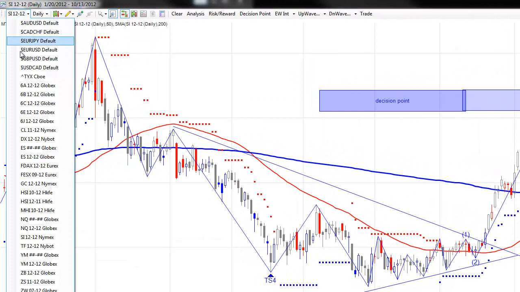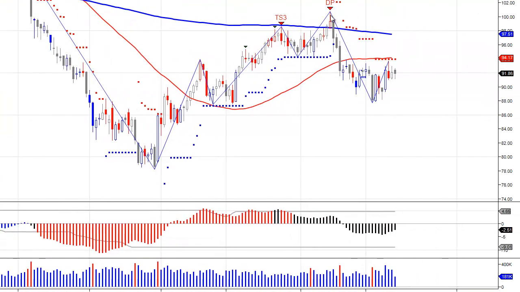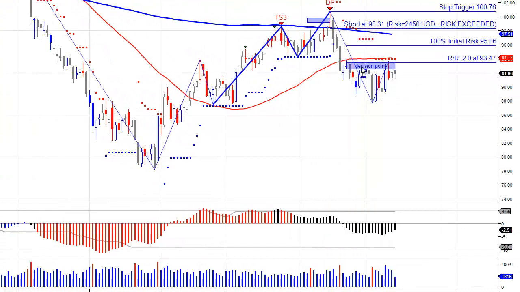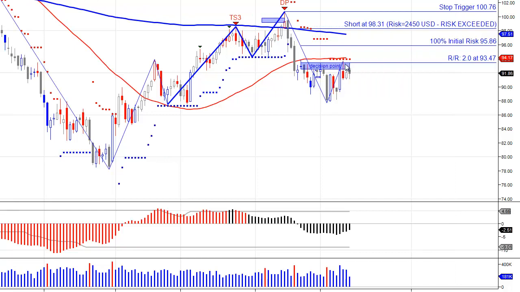And let's take a peek at oil. So you saw we had the sell in oil that achieved the target a while back, and we've just come back into that target area there. I think we closed around 91.86 or so on Friday.